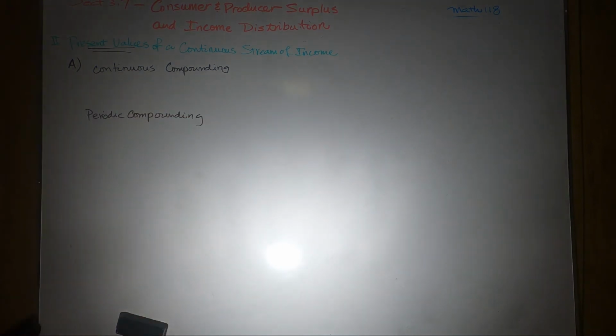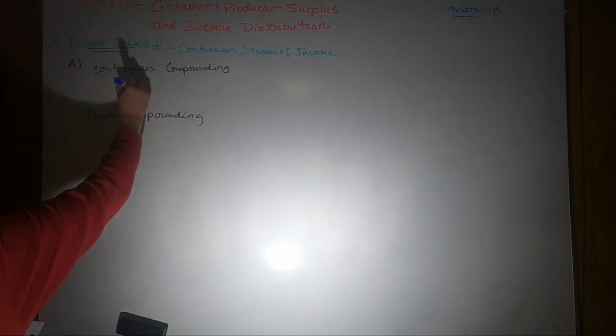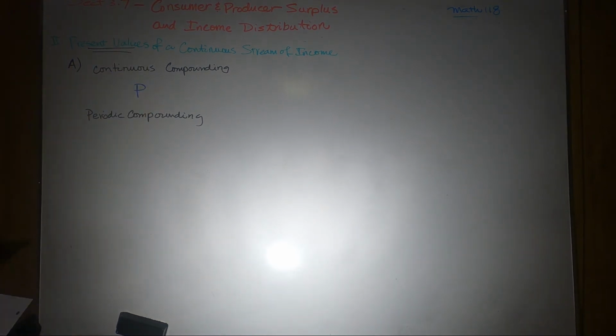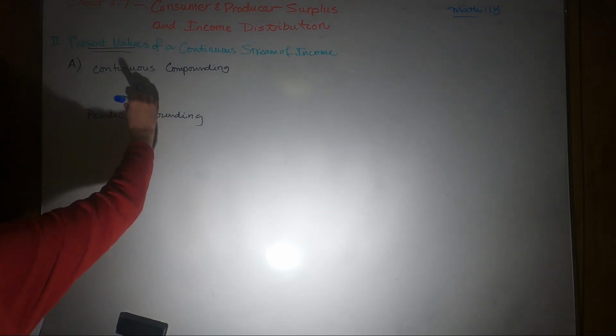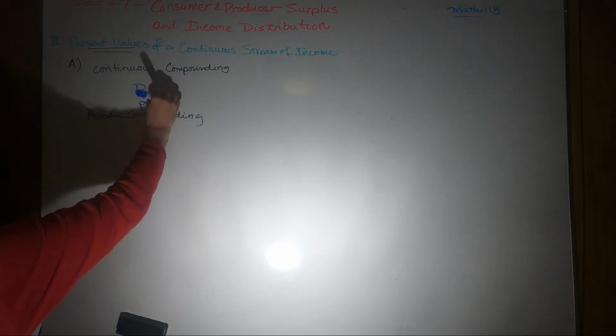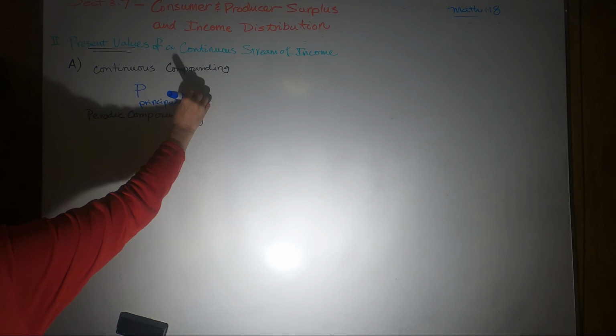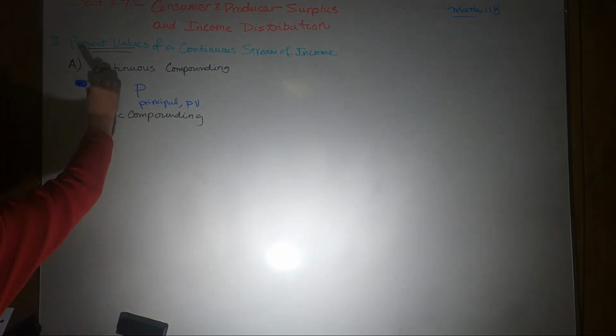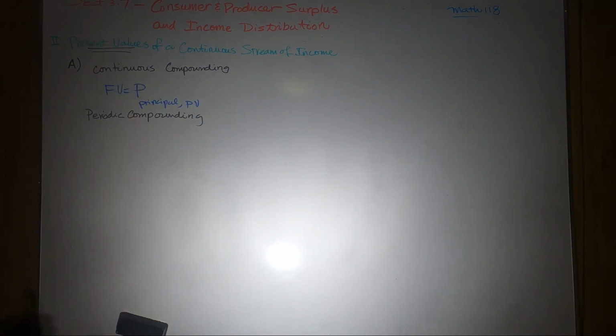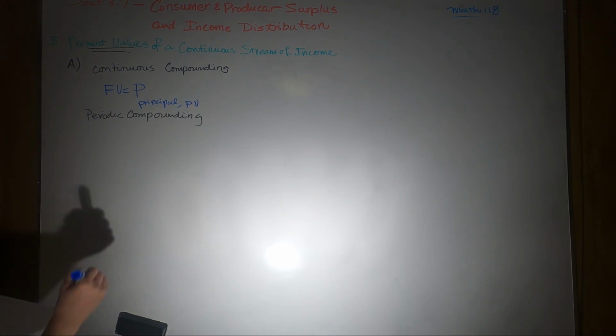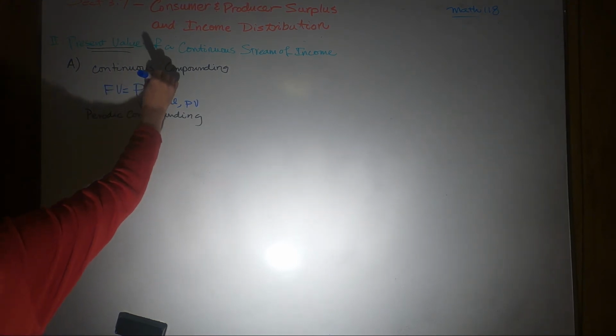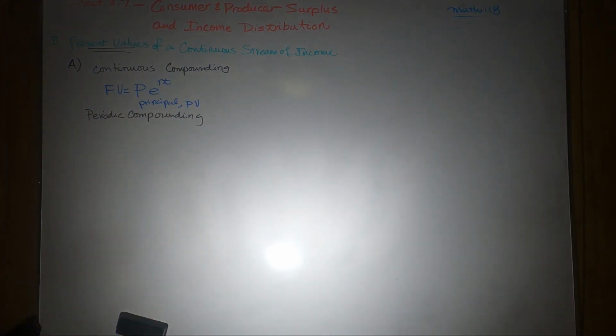Remember, if we calculate as a continuous stream, you calculate continuously. If you put in today your principal, or present value, then the future value will be P times e to the RT. That's how we use e a lot of the time.